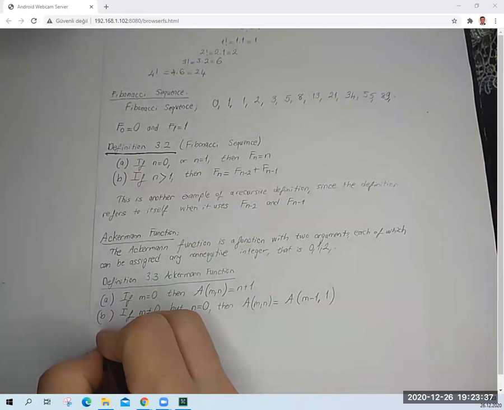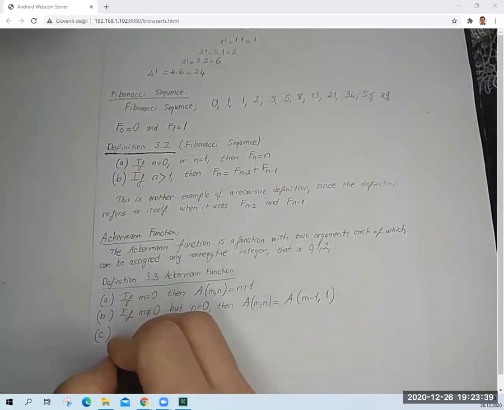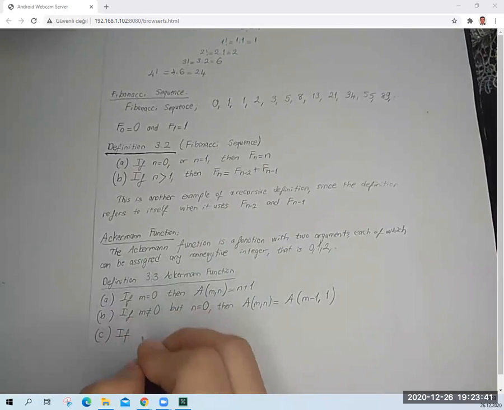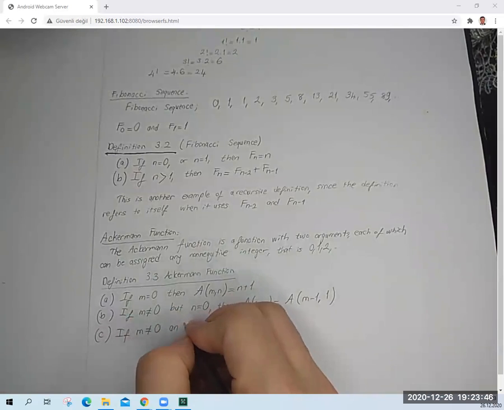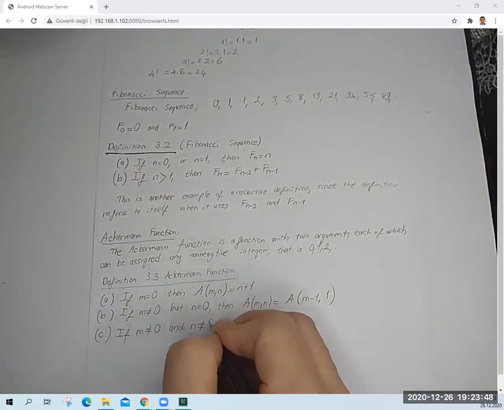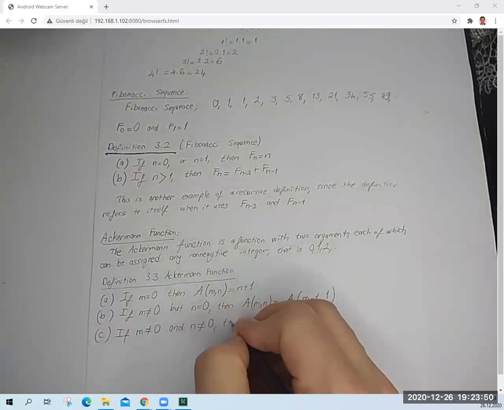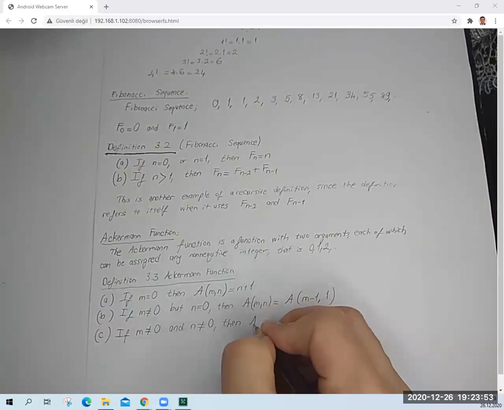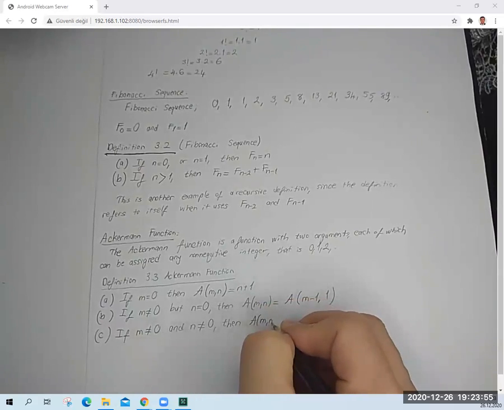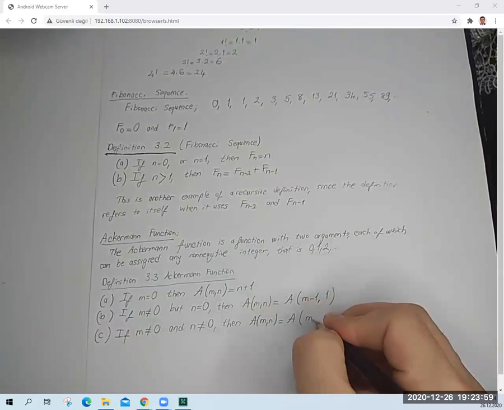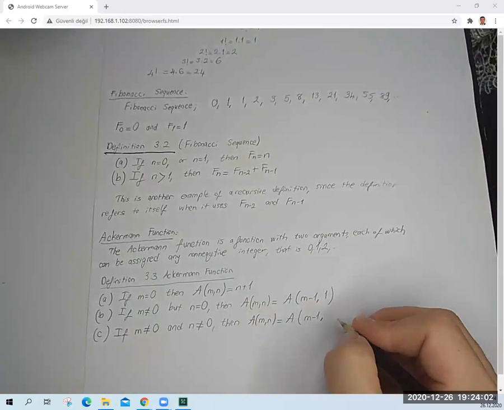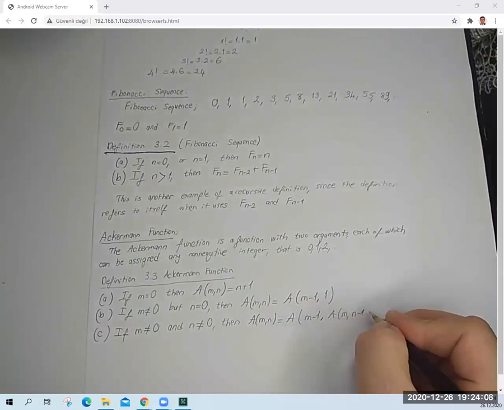And if m is not equal to 0 and n is not equal to 0, so this is the last condition, then our function is equal to A(m minus 1, A(m, n minus 1)). It refers to itself.